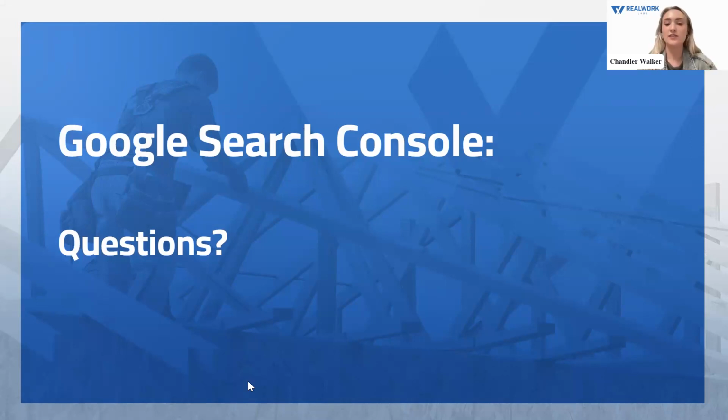Our next question is, is the Google My Business page different from the Google Search Console? Yes, that's a really good question. When someone does a search for, let's say, plumber Austin, Texas, and you show up both in the regular search results and in the local Google Business Profile section, you're going to see that impression count when you log into your Google Business Profile and in Search Console. Search Console is showing you the regular search links.